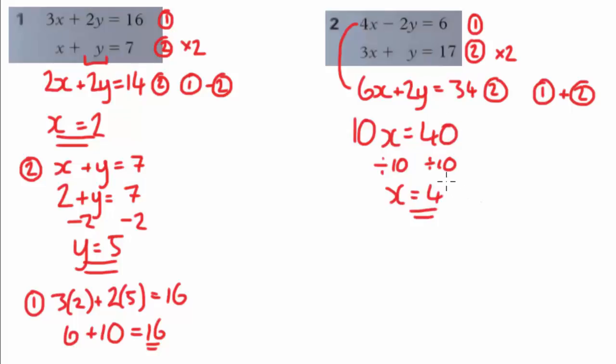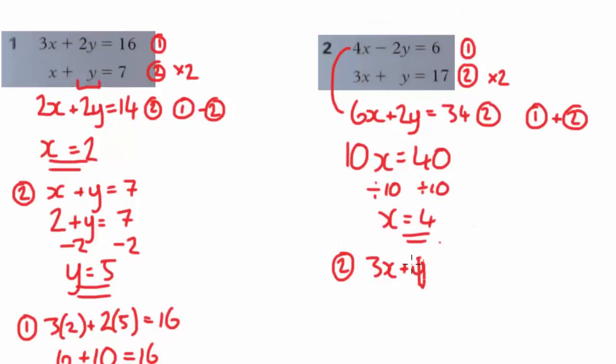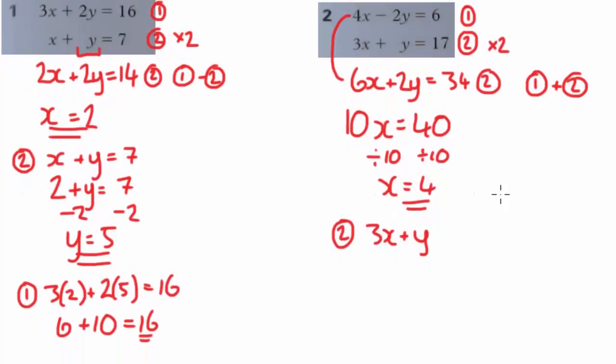Then what we can do is substitute this in. So I'm going to choose equation 2 just to substitute it in. So that's 3x plus y equals 17.